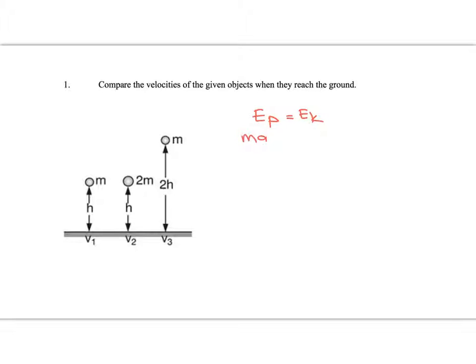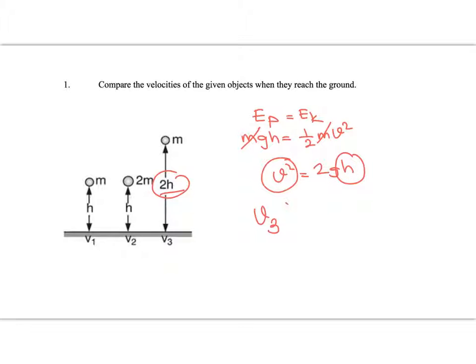So mgh is equal to 1 over 2 mv square. You see that the masses cancel each other, so v square is equal to 2gh. So velocity just depends on the height. So the object in position 3 has a bigger height 2h, so it will have more velocity.